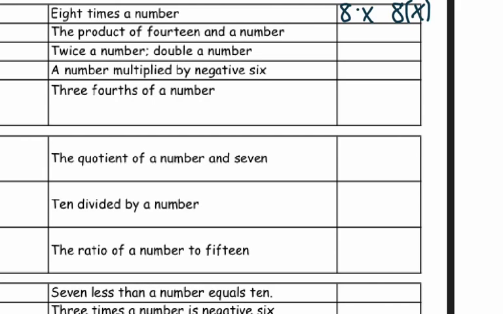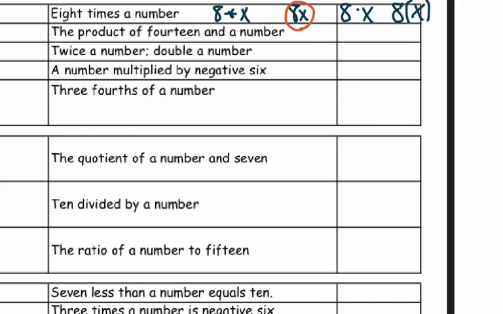Most people write it the simplest way, which is just 8x, and that's normally how you see it written. You could also use an asterisk, like 8 times x, but notice all the other ways take longer, and most people are lazy. In fact, the best mathematicians are lazy. So this one is, I think, the best way to write it, and so we're going to circle that one. That's what we're going to aim for. But you could definitely write it any of those 4 ways.